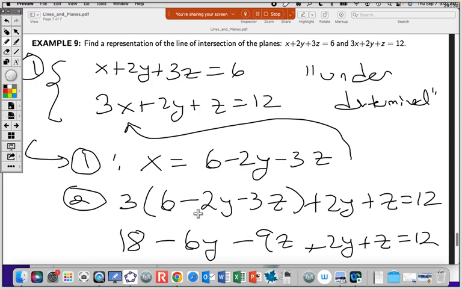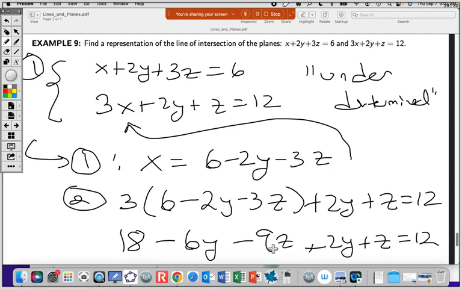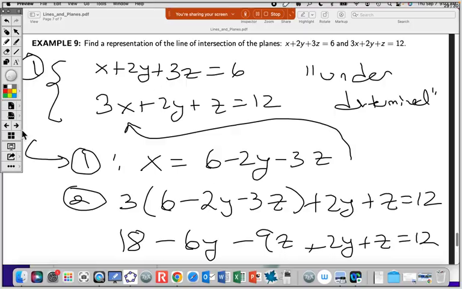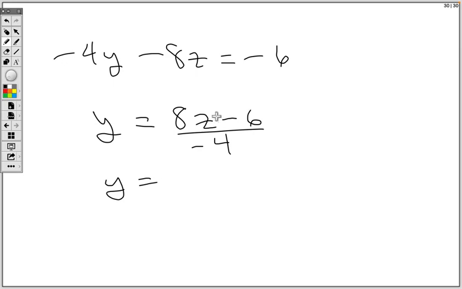Minus 6y plus 2y is minus 4y, minus 8z would equal 12 minus 18, negative 6. So I could solve this equation for y, adding the 8z over and then dividing by negative 4. That would be negative 2z plus 3 halves.